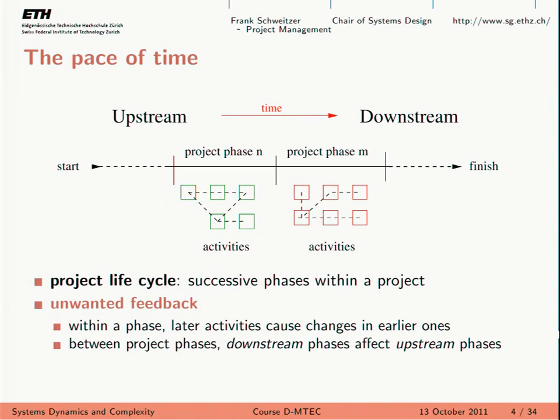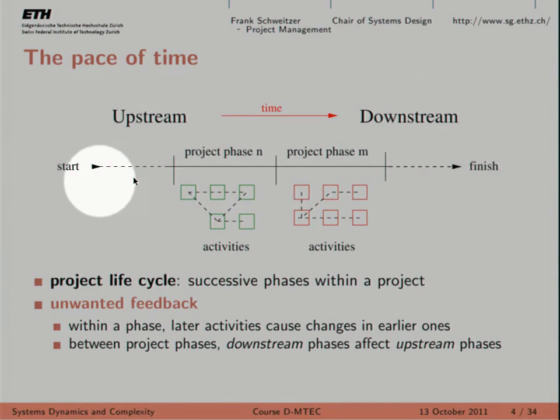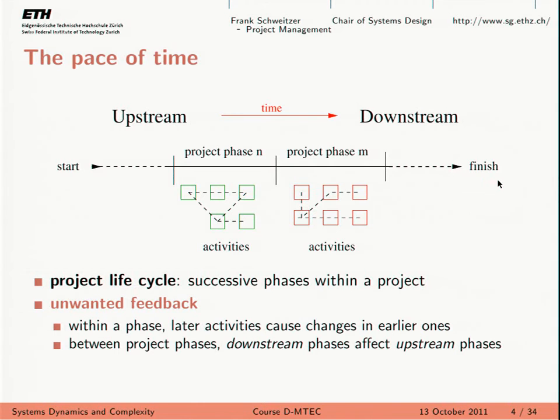And this picture hopefully illustrates the idea. So here we have a project which starts from here and then finishes here. And we have multiple phases within this project. It's up to you to define the phases. Different industries have different standards for defining project phases.